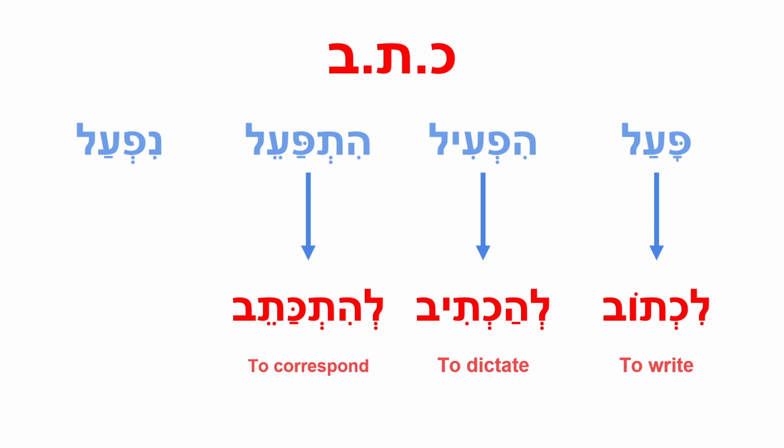So lichtov is to write, but nichtav, it means that something was written. So therefore, one root that can be applied to several binyanim will give us the same general idea, but different meanings, different moods, different tenses of the same root, the same idea.